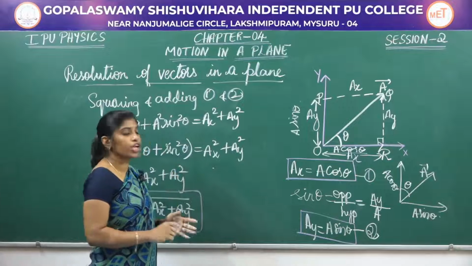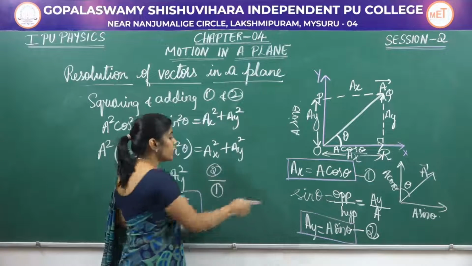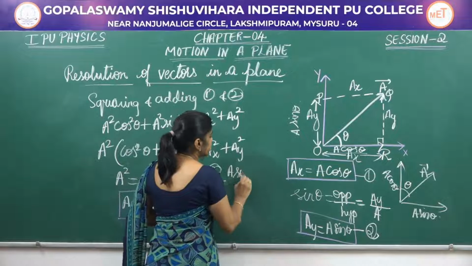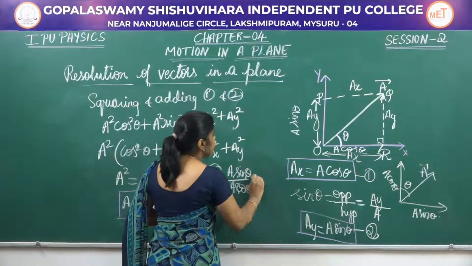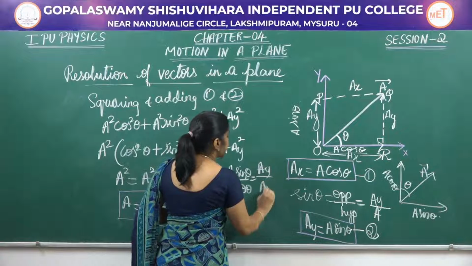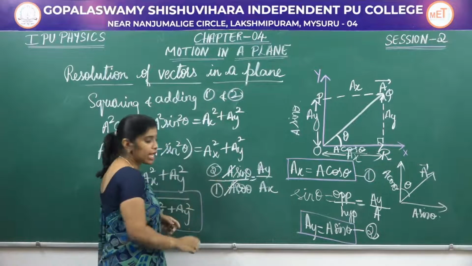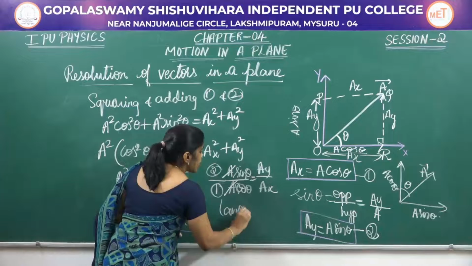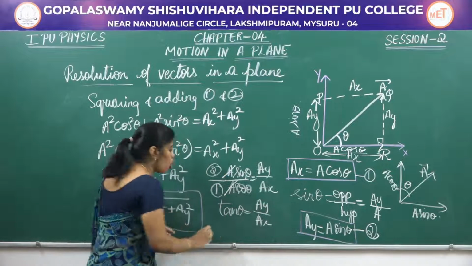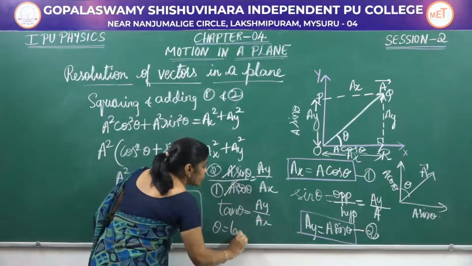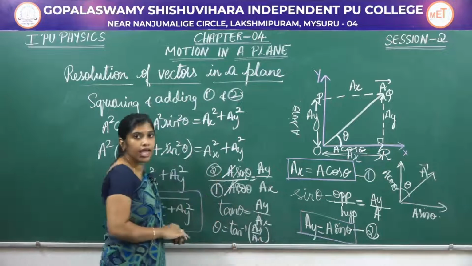Next, let me divide equation 2 by 1. What do I get? Equation 2 is A sin theta by equation 1 which is A cos theta, which is equal to AY by AX. A and A get cancelled. Sin theta by cos theta is tan theta, and this is equal to AY by AX, or theta is equal to tan inverse of AY by AX.